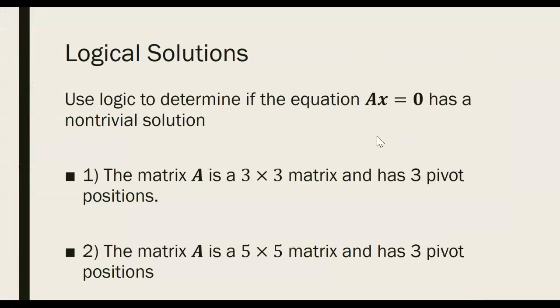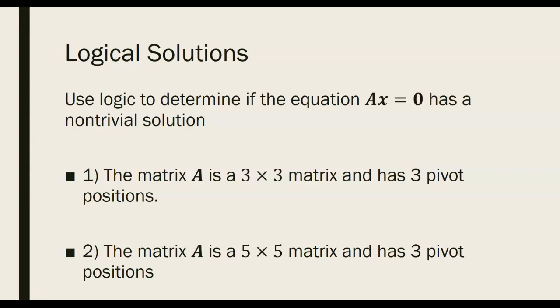Now, one thing that I wanted to do is take a step back and, instead of talking about specific matrices, get a general sense, thinking logically through this, of pivot positions and free variables and how they're interconnected.